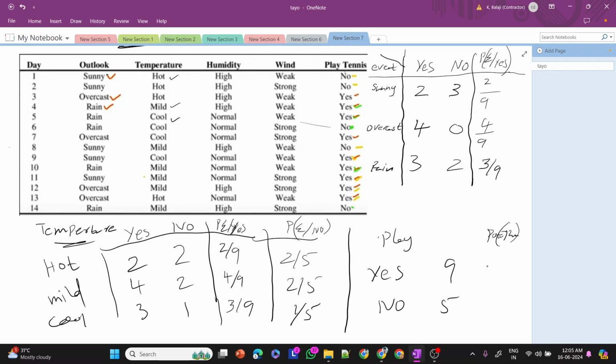The probability of playing a game is 9/14, because totally 14 times he had decided whether to play or not. So the probability of playing a game is 9/14, and the probability of not playing the game is 5/14.